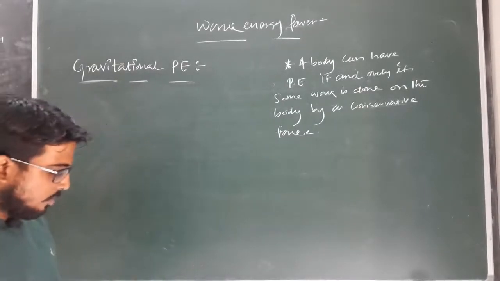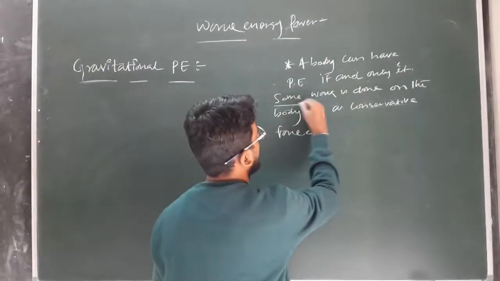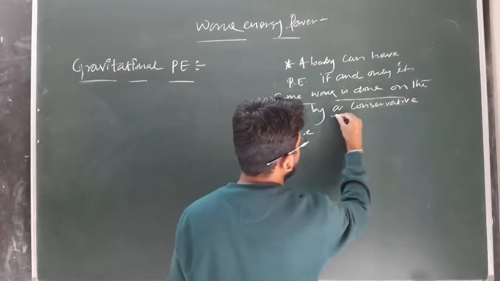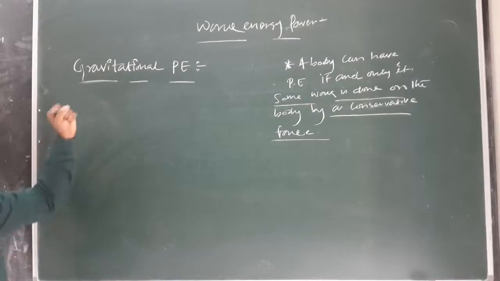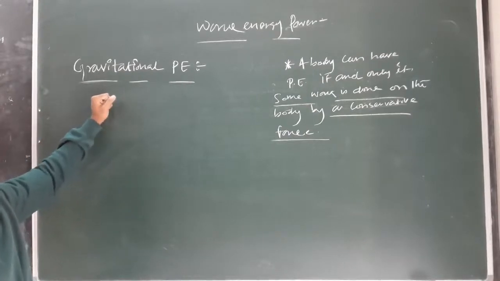Okay, so if we are doing any amount of work on a body by the application of a conservative force only, then that amount of work will be stored within the body as its potential energy.